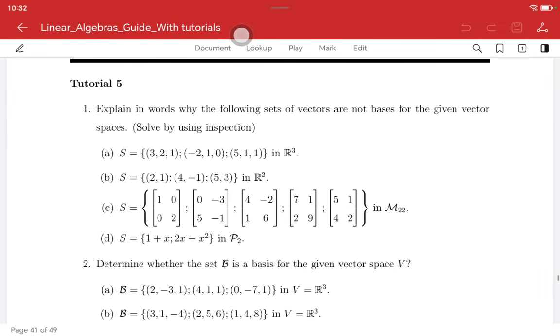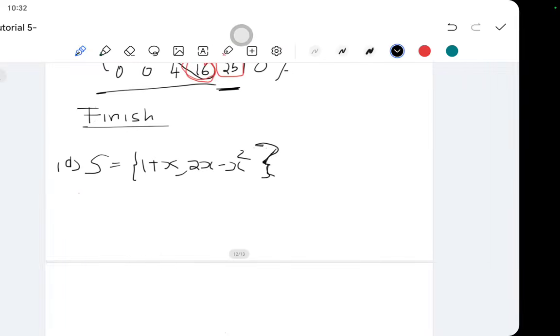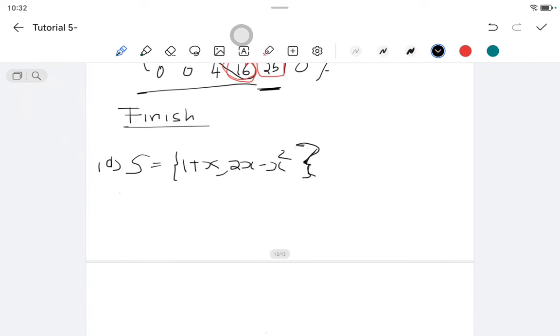So yeah, they say that this is in P2, right? So for us to solve this, first remember we must check if this is a basis. So we're going to write this in a linear combination.